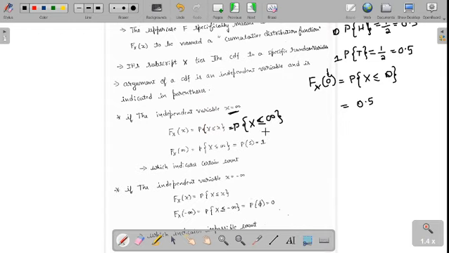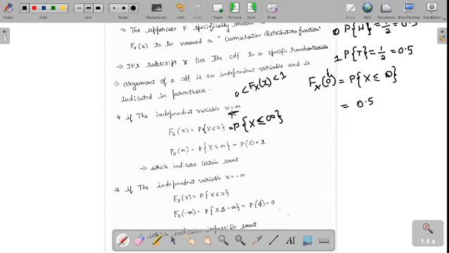You just need to keep in mind that your F X of x, the cumulative distribution function, should always lie between 0 and 1.